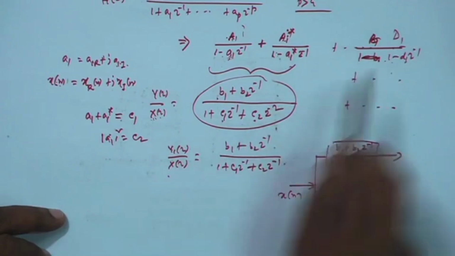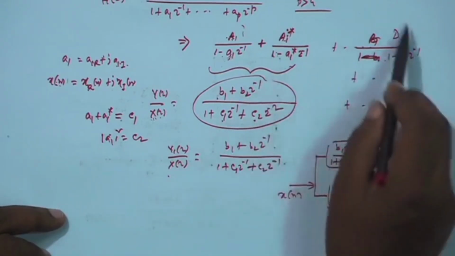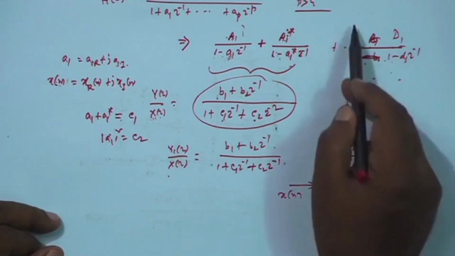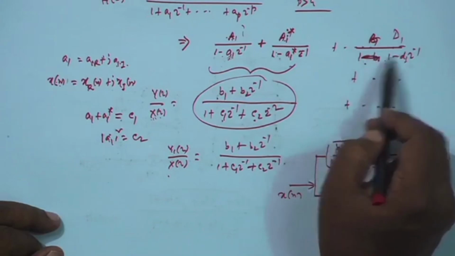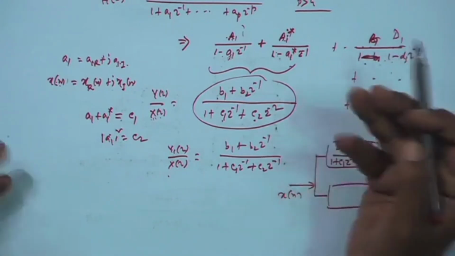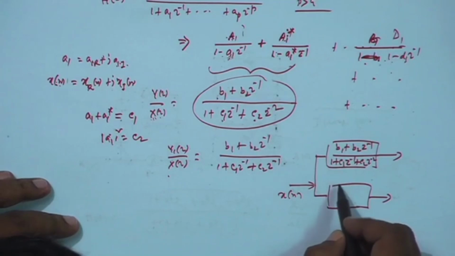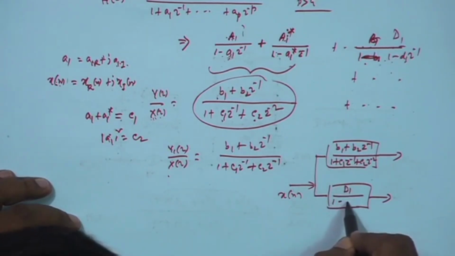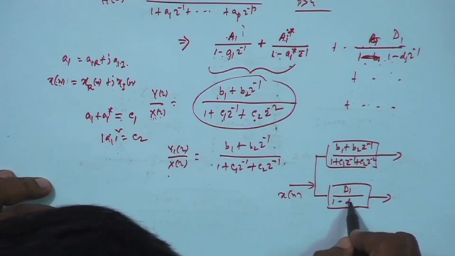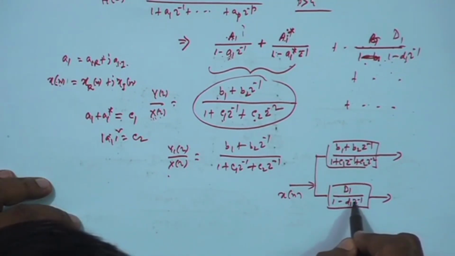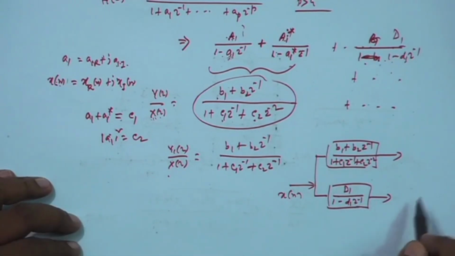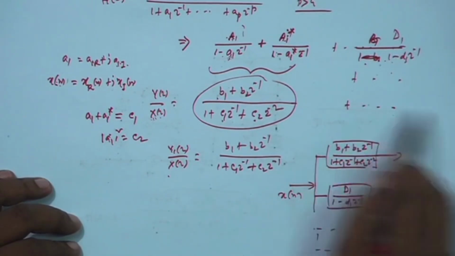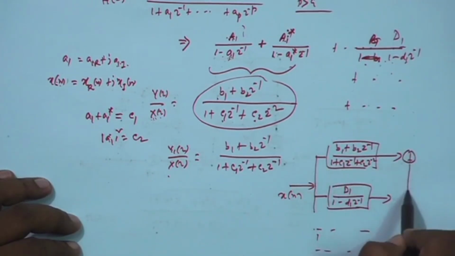So, for this kind of terms, X(z) into this, you can call it Y2(z). So, Y2(z) by X(z) is this. This again you can realize then in direct form 1 or direct form 2. So, there could be terms like d1 by, and so on for all the partial fractions, and their results you add.